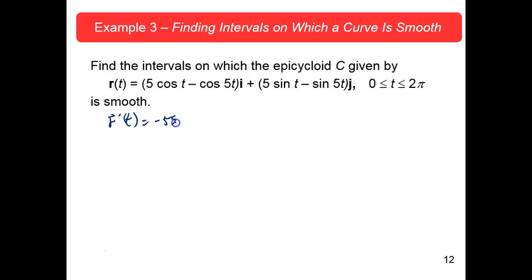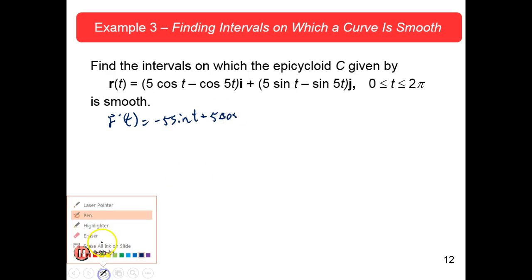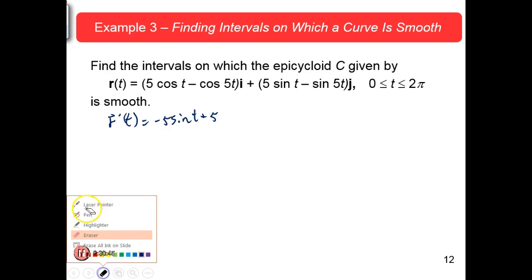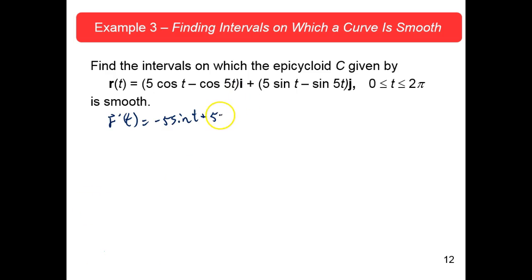Negative 5 sine t, plus 5 sine of 5t, and that would be your i.